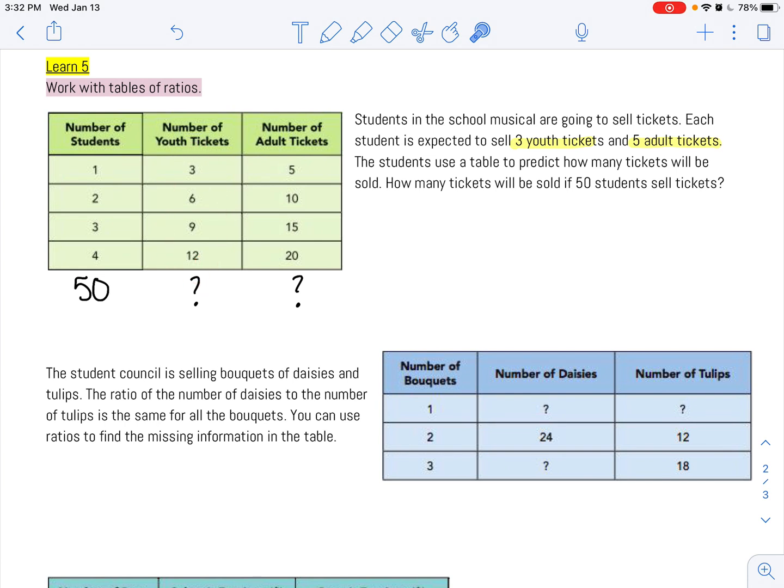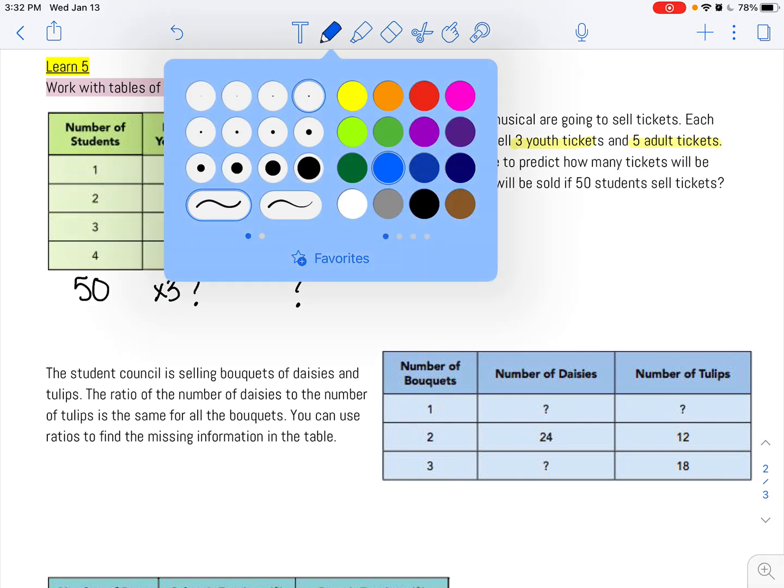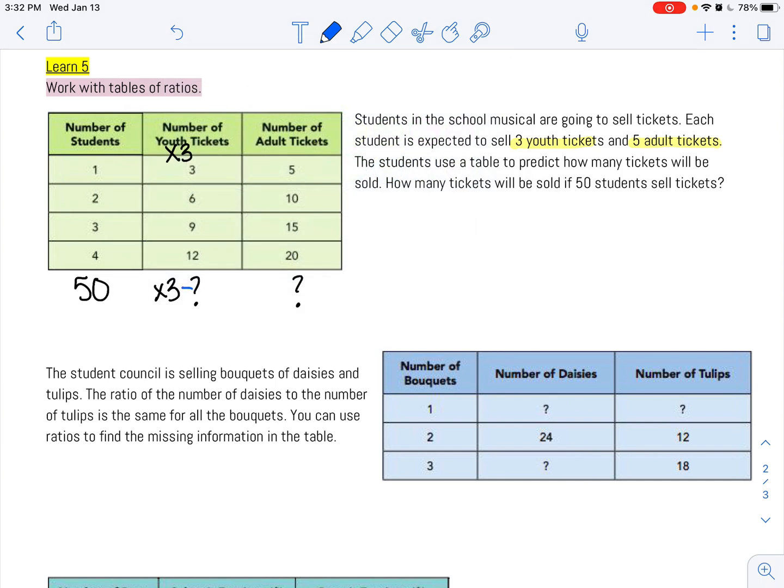The pattern is the number of students times 3 is going to give us the number of youth tickets. So we're multiplying by 3 here. So we're taking the number of students times 3 to get the number of youth tickets. When I do that, I do 50 times 3. I'm going to get 150. So that is my answer for youth tickets.